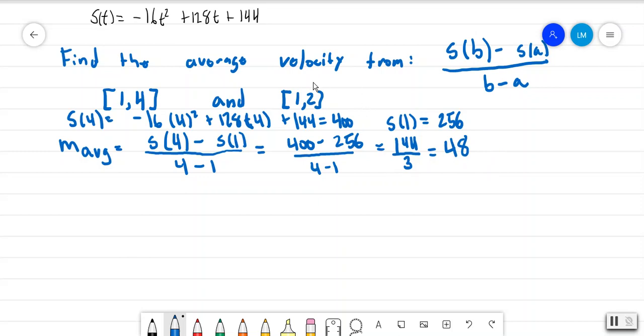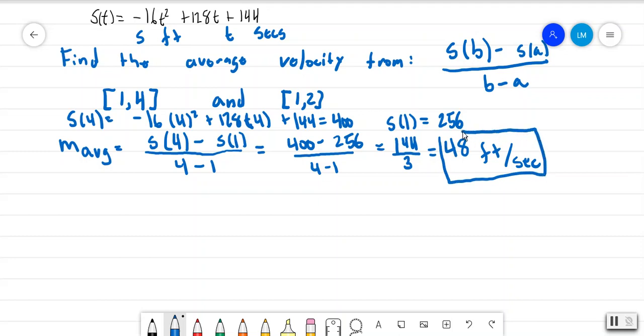Now, because I'm finding the average velocity and the position function s is in feet, and t is in seconds, what this means is that the average velocity would be 48 feet per second. So we have that the average rate of change is 48 feet per second.